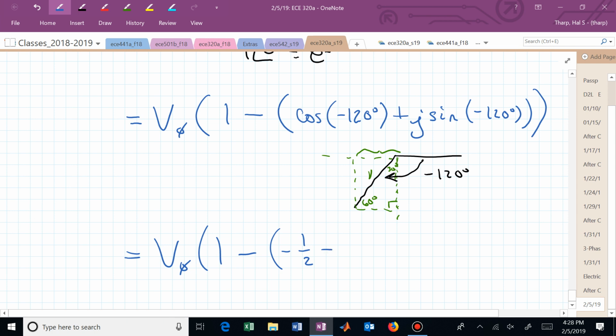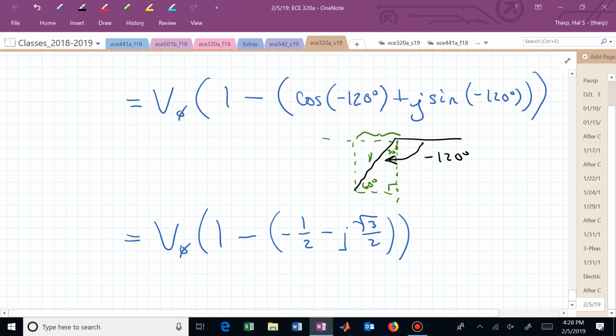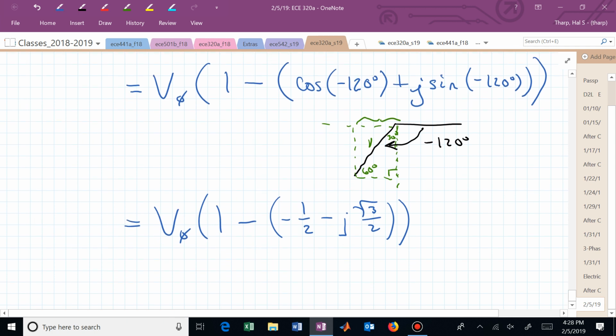And we're actually down for the sign. It's minus j square root of 3 over 2. Everybody comfortable with that trigonometry or that geometry? You could just plug it into your calculator, or you could start drawing triangles.